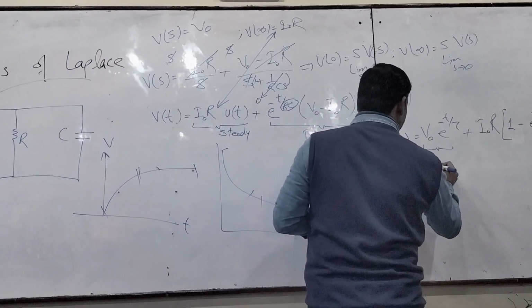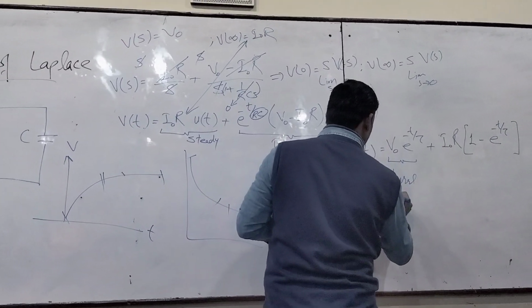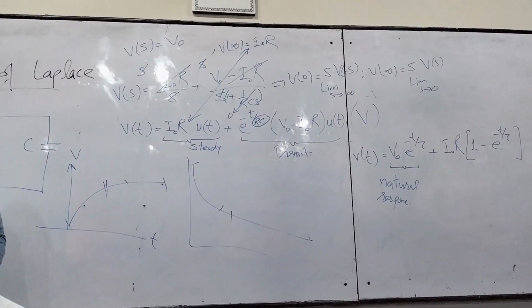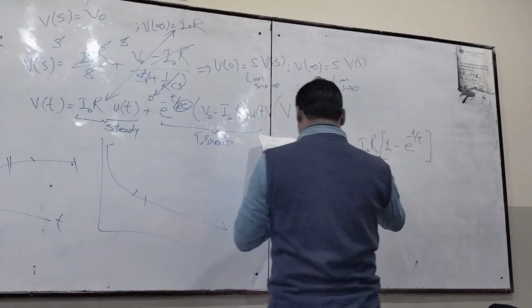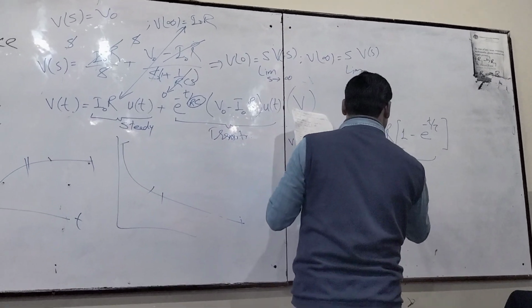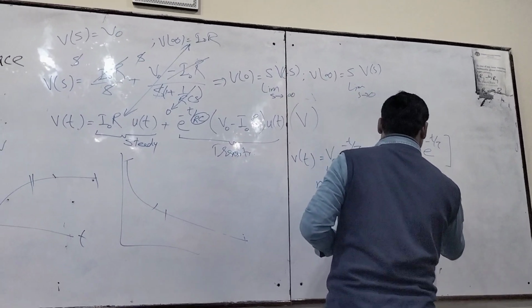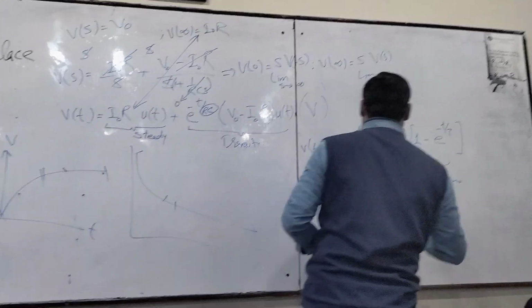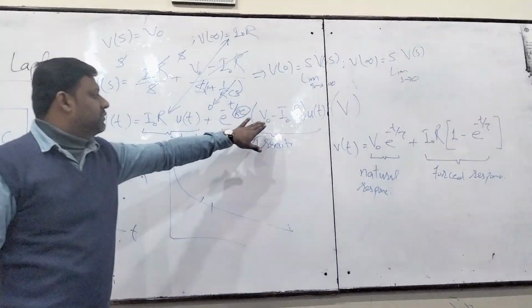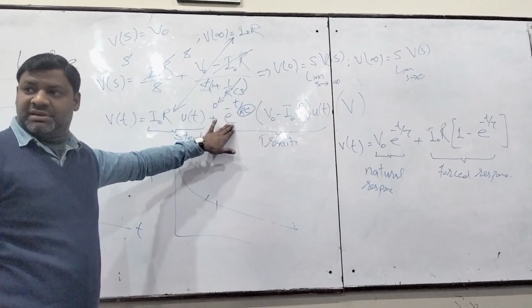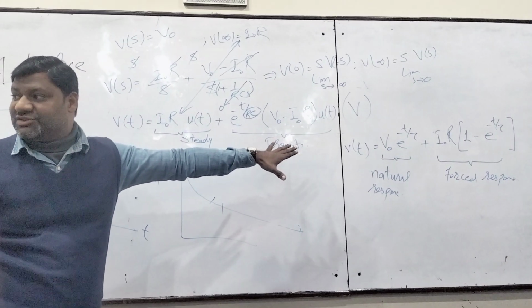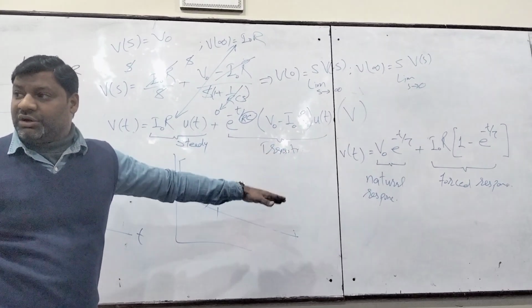It is the natural response of the circuit. Okay? It is the forced response. If you rearrange the equation, V naught exponential of minus, that is similar to the response that you obtained in chapter number 8 when we were dealing with the complete response.